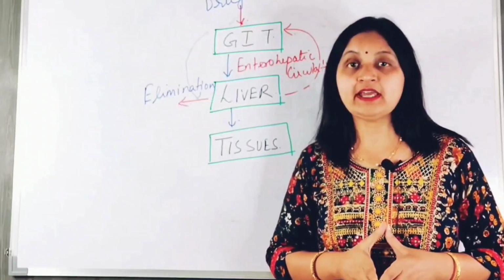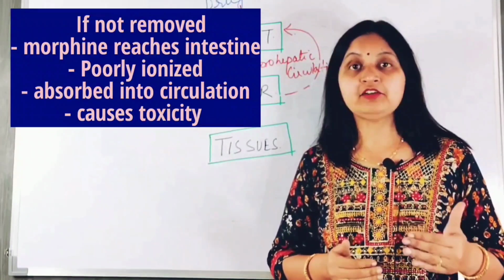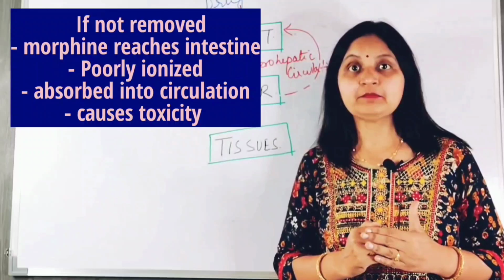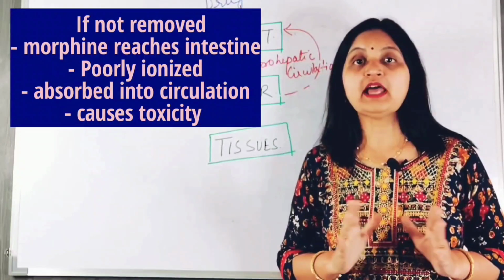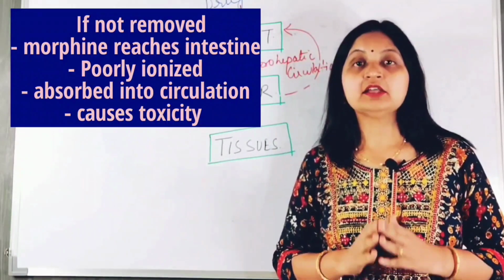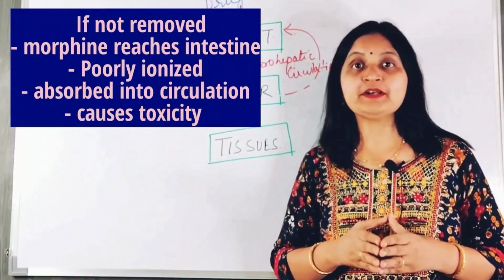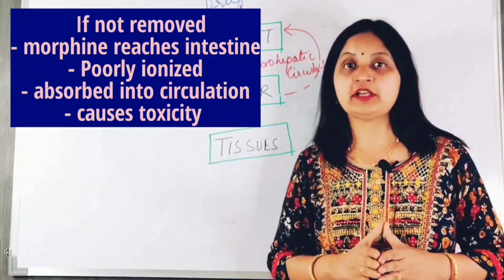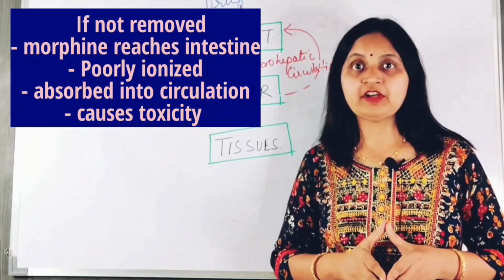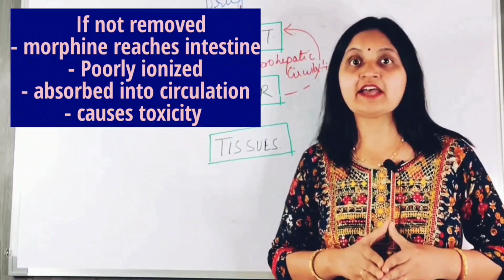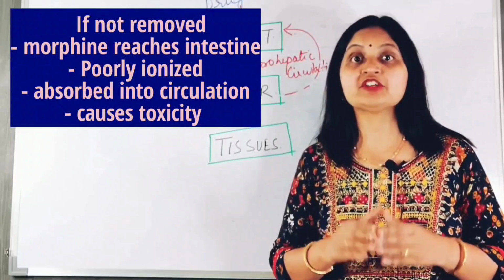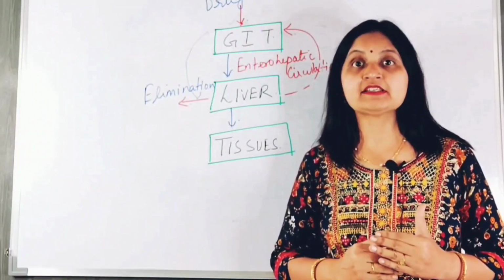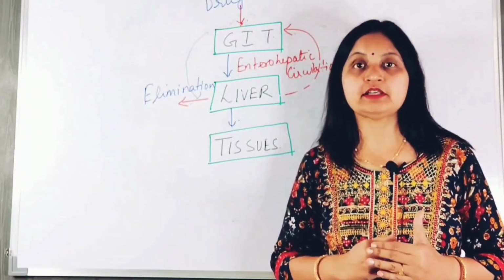Otherwise, it would reach the intestine and the basic drug coming in contact with alkaline pH would lead to poor ionization, and the poorly ionized drug is lipid soluble and is rapidly reabsorbed into the circulation. So in case of poisoning with drugs such as morphine, the drug has to be removed by gastric lavage before it reaches the intestine and is absorbed into the circulation.